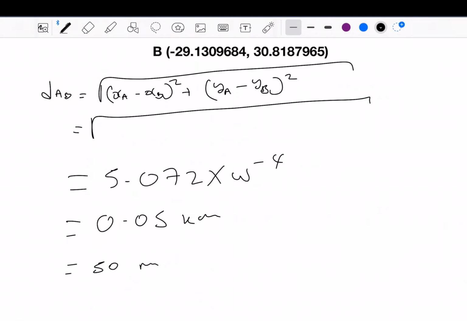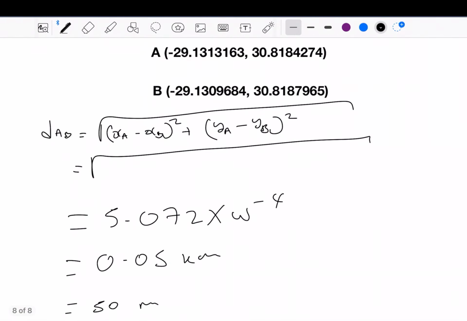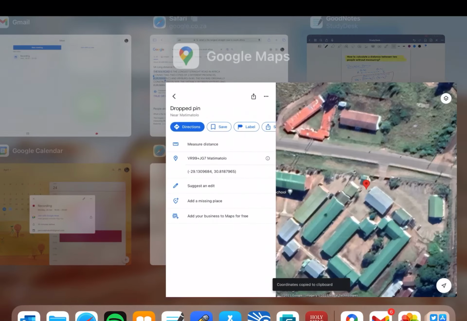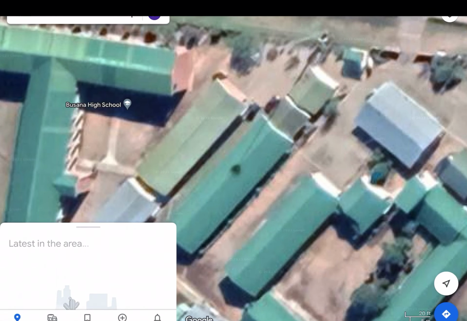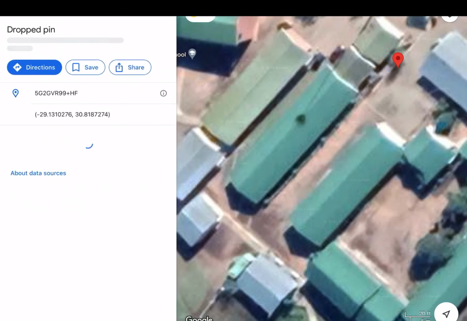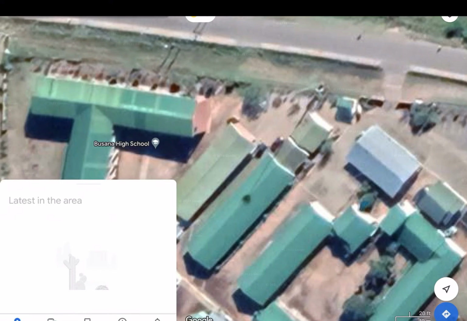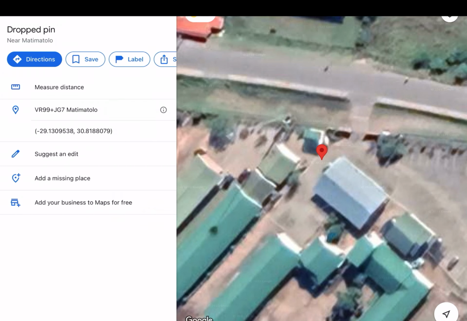So the distance between point A and point B was just 50 meters. That's the distance between point A and point B. 50 meters. Does that make sense? Now we didn't have to be here and here and here trying to measure this distance. But you already know that the distance between this point and that point is 50 meters. Boom. Voila.